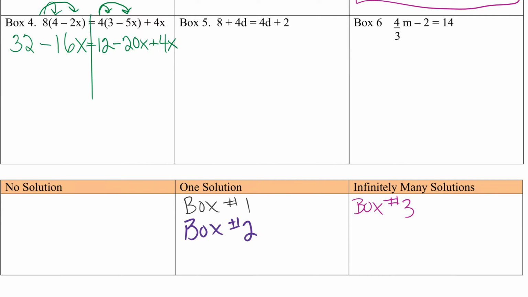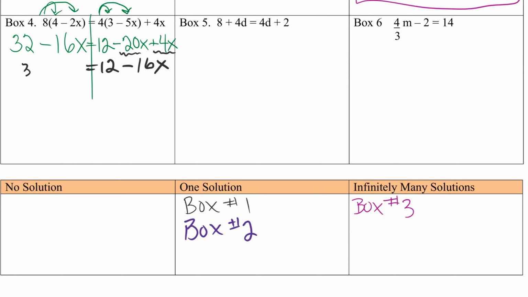Alright, at this step we're going to have to do some combining of like terms. On the right hand side I have a negative 20x and a positive 4x. They both have x's. So when I put those together, negative 20 and positive 4 gives me negative 16x.